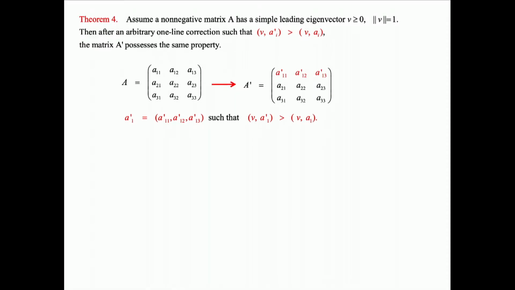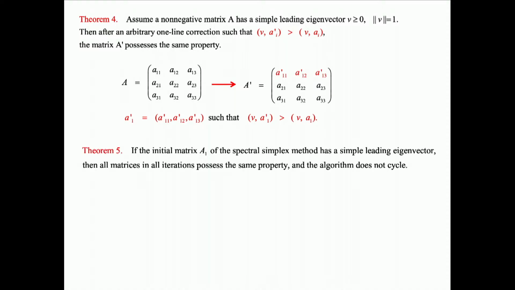It's possible to show. So that's how the cycling phenomenon can be resolved. We just take a good first matrix, and after that the matrix can become sparse. Yeah, lots of zeros can appear. It may be reducible and so on. But the geometrical multiplicity of the leading eigenvector will stay the same and will stay 1.